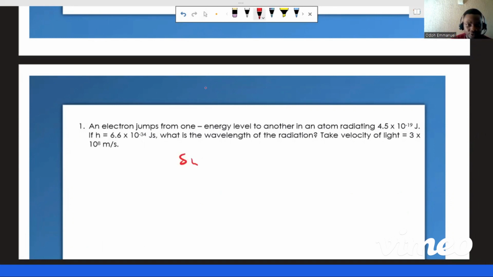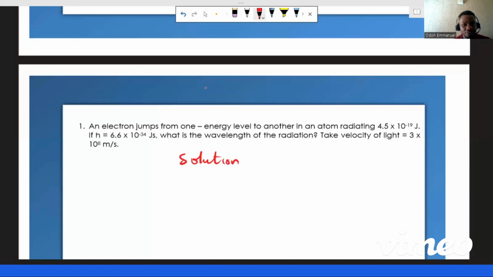Let's solve this. The first thing, let's bring out our parameters. An electron jumps from one energy level to another in an atom radiating 4.5 times 10 to the power minus 19 joules.